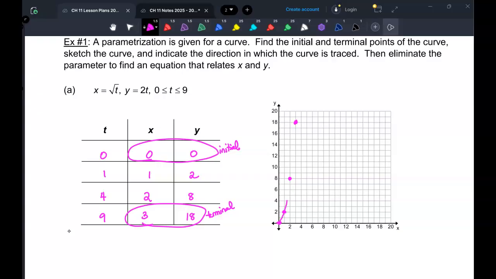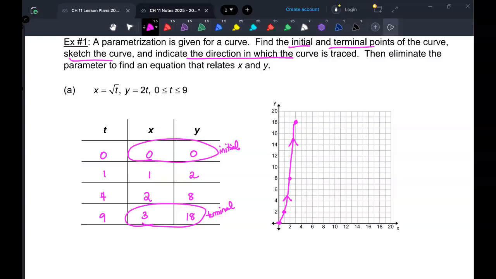And it's going to go like this. So we found the initial and terminal points. We sketched the curve, and then we want to indicate the direction. So we're going to draw arrows pointing from the initial to the terminal.